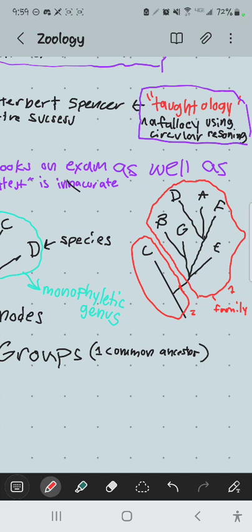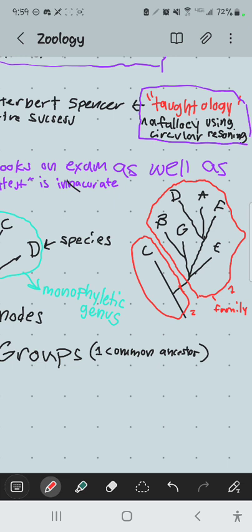So a splitter might go, okay, well, this is a family, and then this would have to be its own family. So that would be a useful classification. And again, there's no right answers. Also each table seems to have a slightly different tree, so you might have different answers among your table.